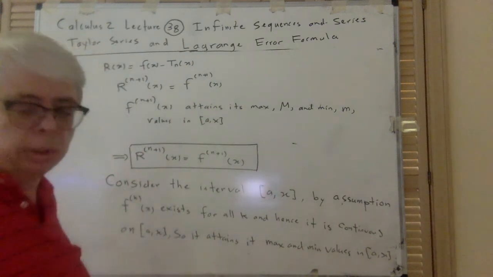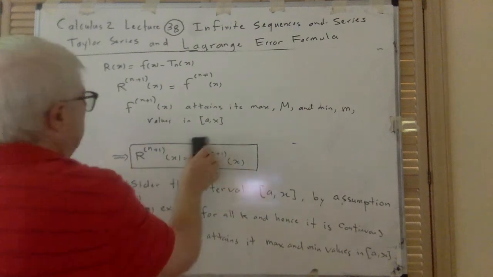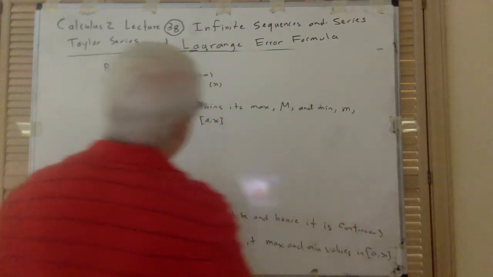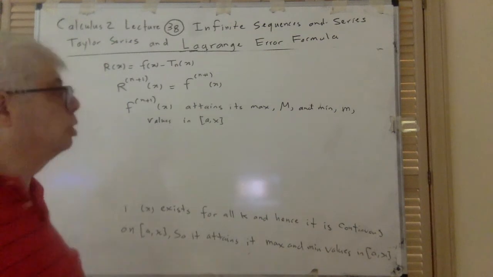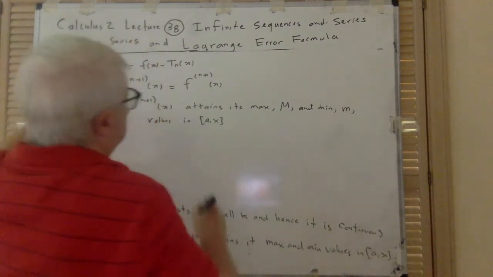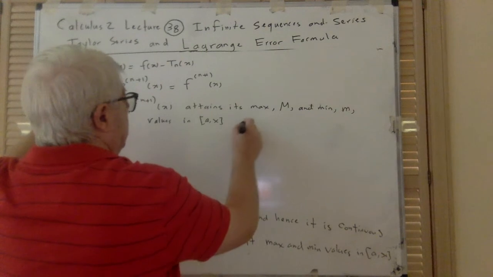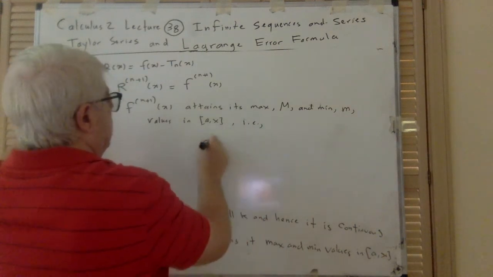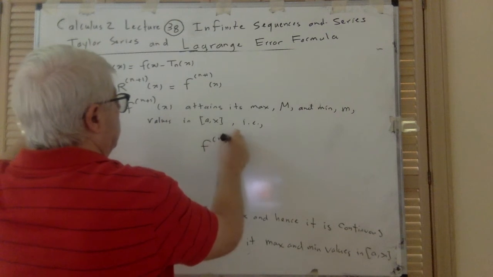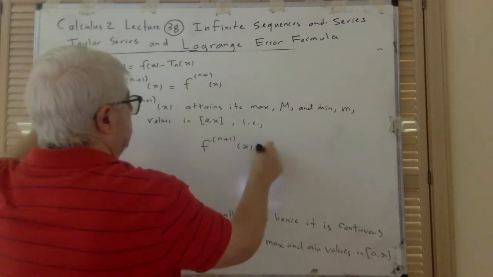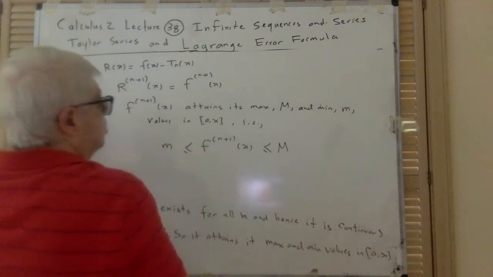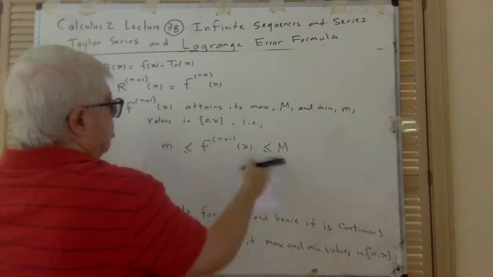I don't know where those max and min are, but I know from a theorem that it definitely attains them because it's continuous on this interval. So we have this situation that f^(n+1)(x) is between small m and big M, min, max.